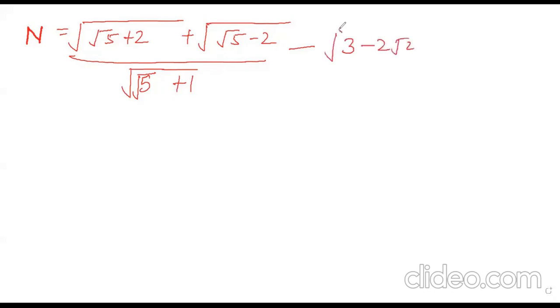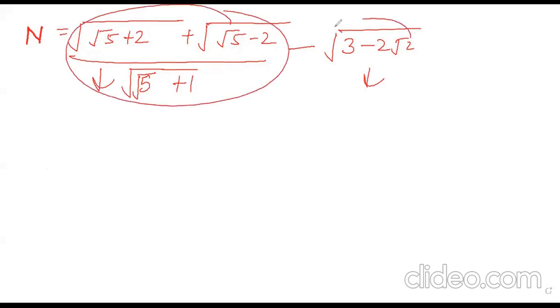The minus sign will be there in this way. To simplify this one, I am taking this part separately and that part separately. I will solve this first part separately, and this one separately.